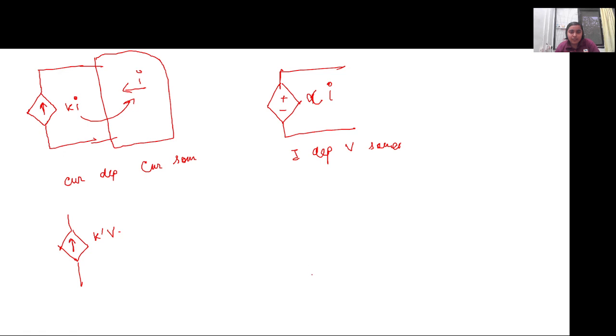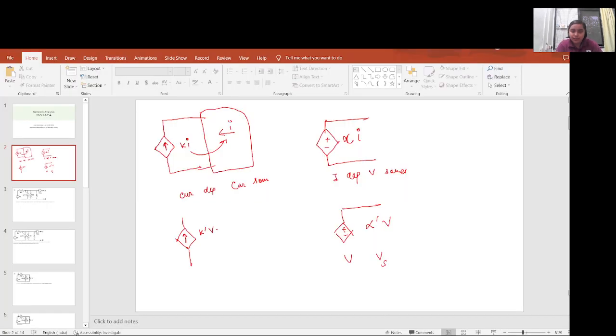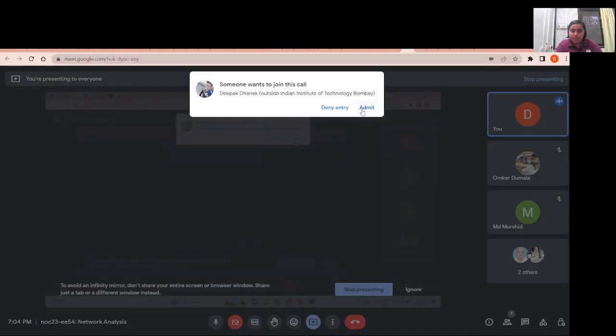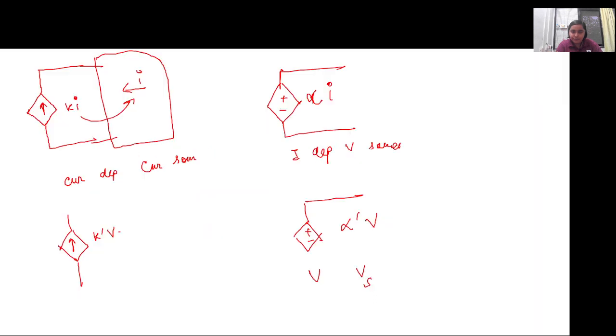Or it could be a voltage dependent voltage source, in which the voltage here depends on some alpha dash into voltage. This voltage is a certain branch voltage or voltage across certain elements in the circuit. So these are basically the four different types of dependent sources.